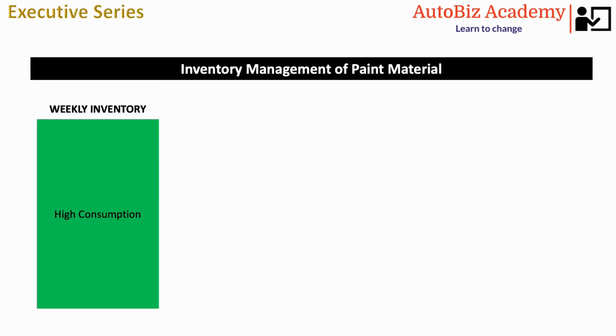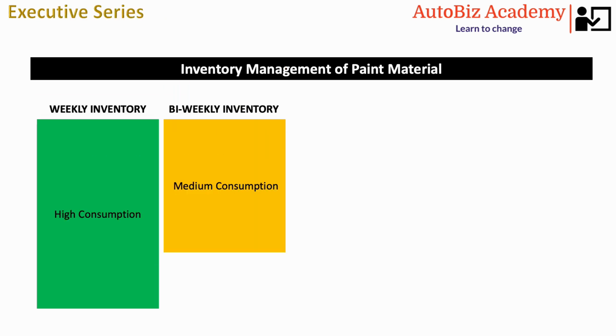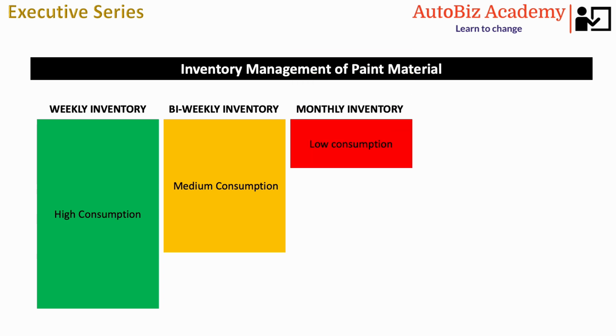Now we need to divide the inventory into weekly inventory, bi-weekly inventory, and monthly inventory. It is based on the consumption of the last 3 months, the type of shades reporting, and the kind of tinters or binders required.